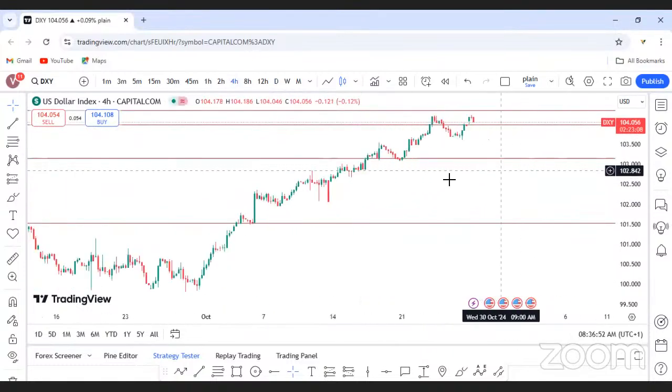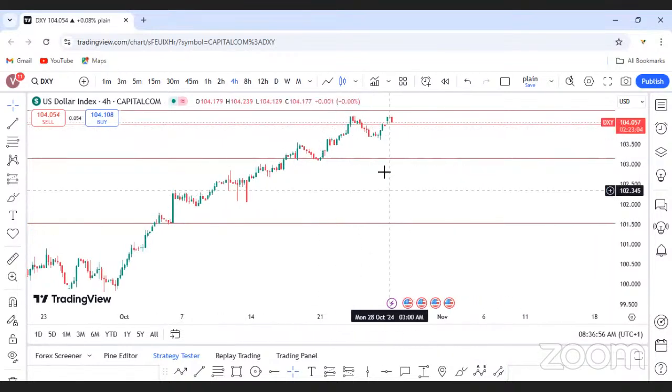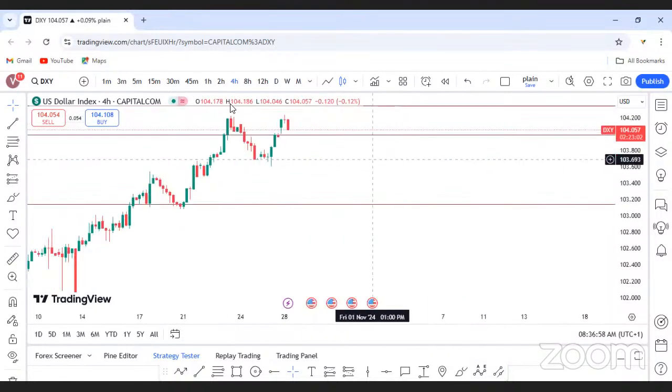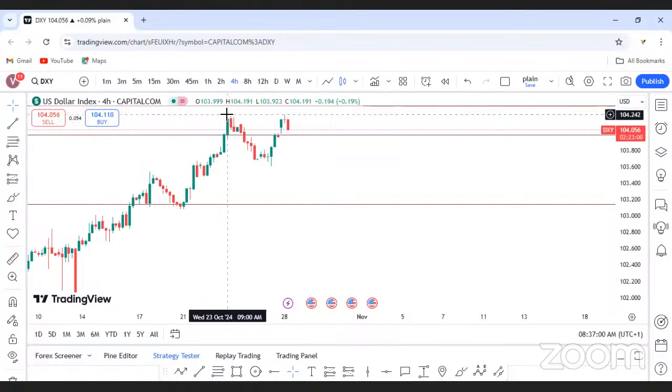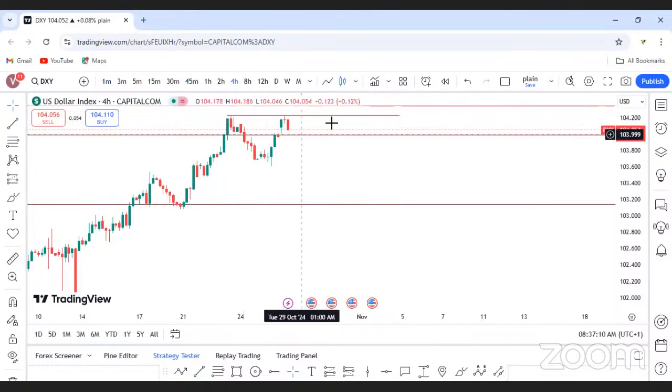On the 4-hour time frame, we can see that the DXY has been creating these expansions and retracements, all the while trading all the way to 104.242. And currently we're seeing that it looks like price is struggling to break this high right here.